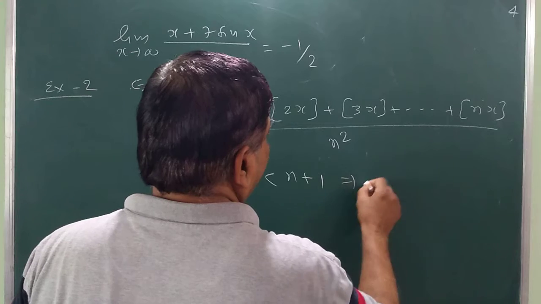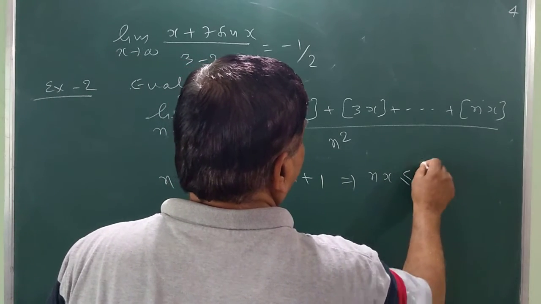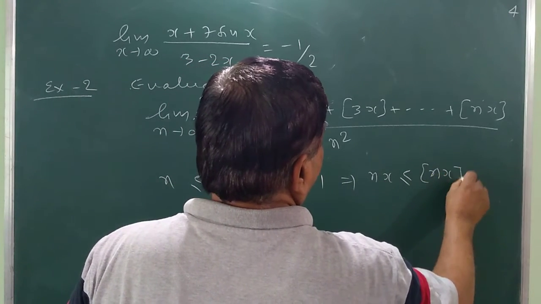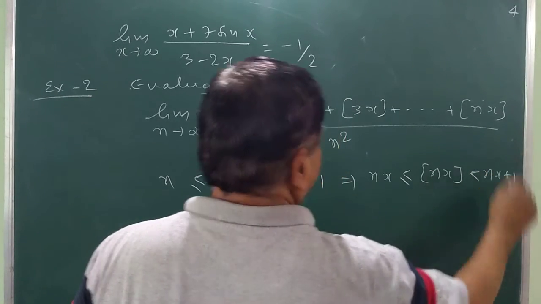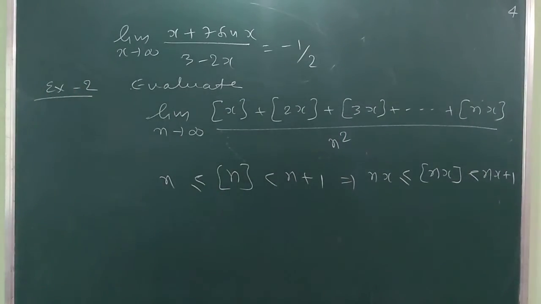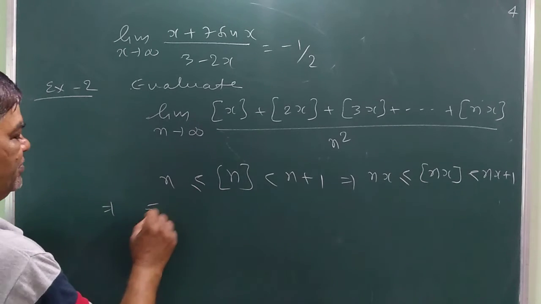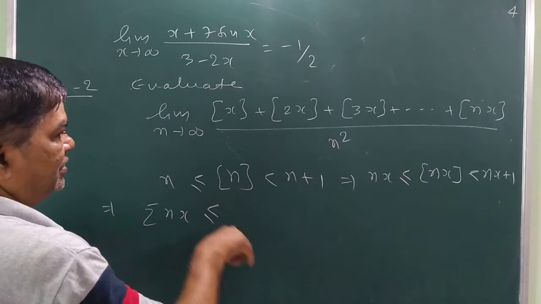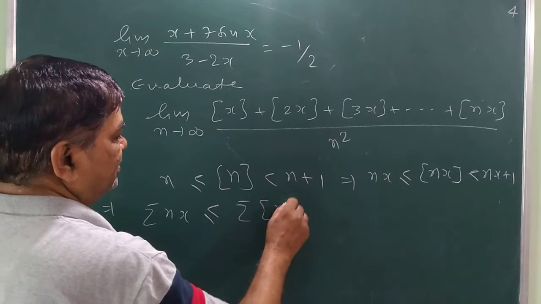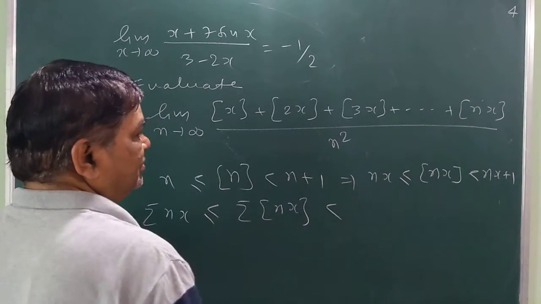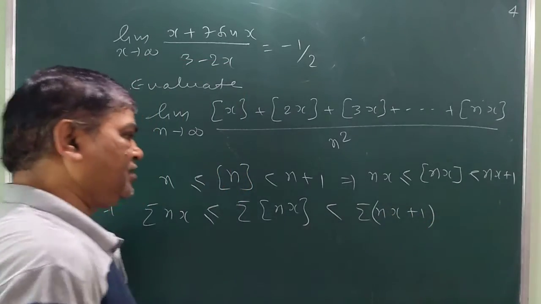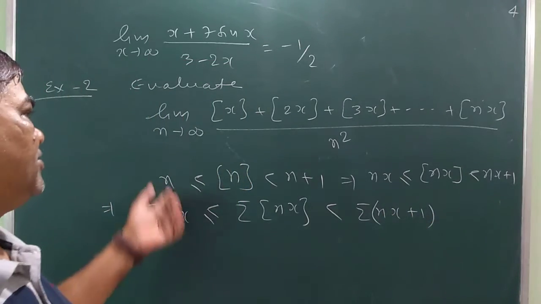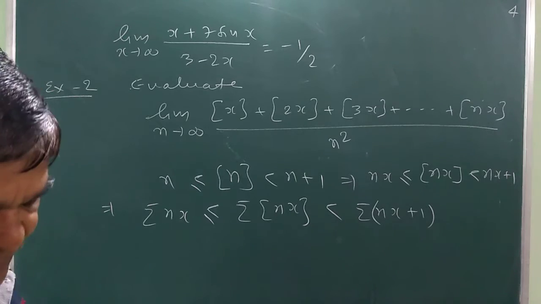This can be written as nx - 1 less than [nx], less than or equal to nx. In this way you can write this one. Therefore, the summation of [nx] lies between the summation of nx - 1 and the summation of nx, where n goes from 1 to infinity.